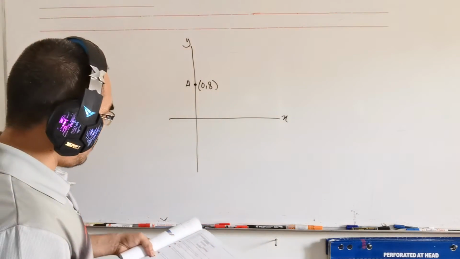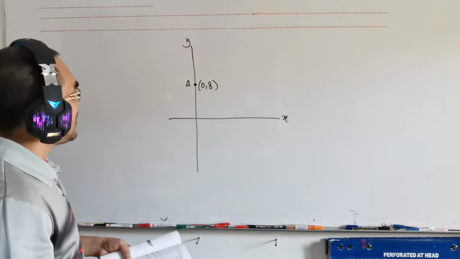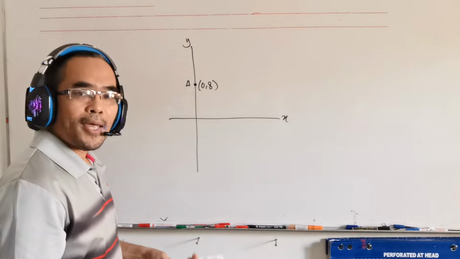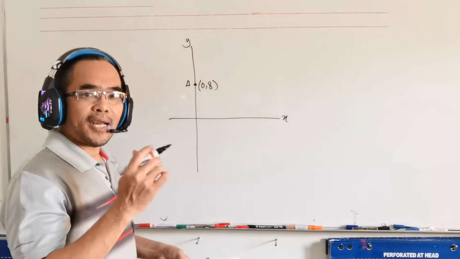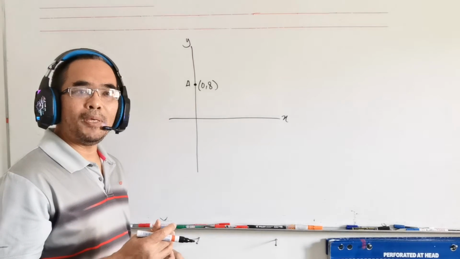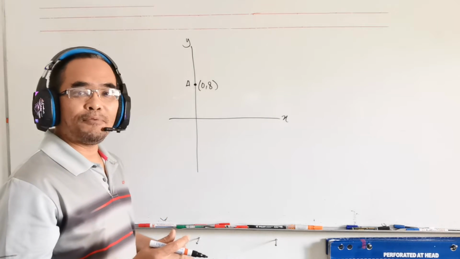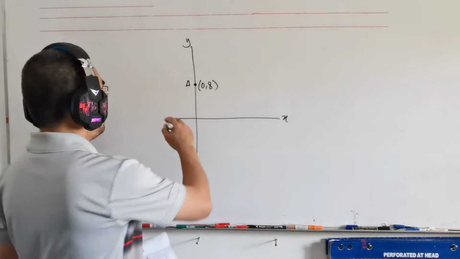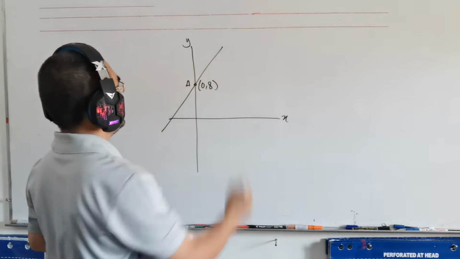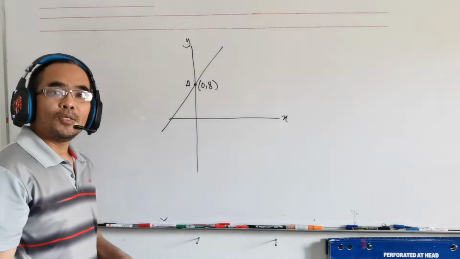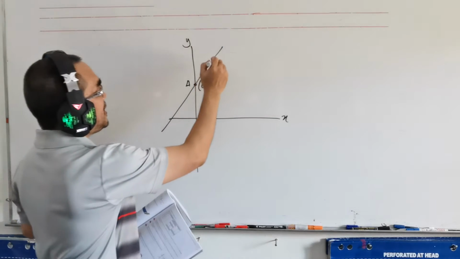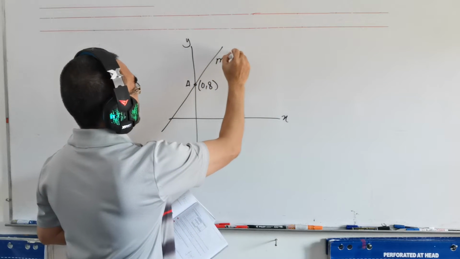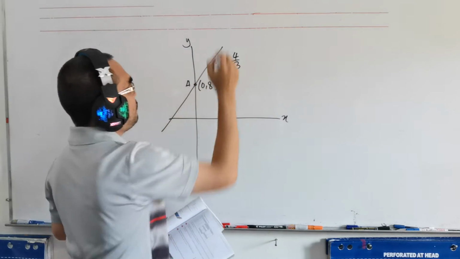Determine the coordinate of B if B is the x-intercept. Like what I explained just now, the straight line will be moving from left to right, going up, something like this, because the gradient is positive, that is 4/3.